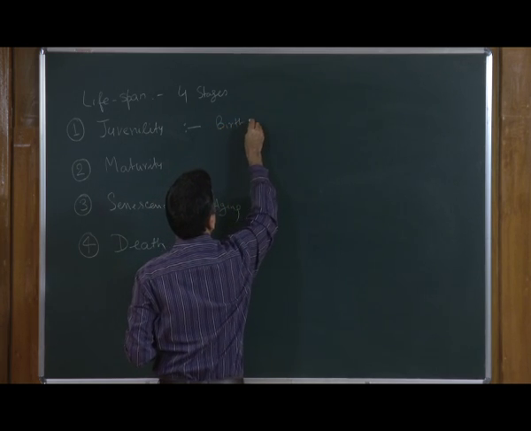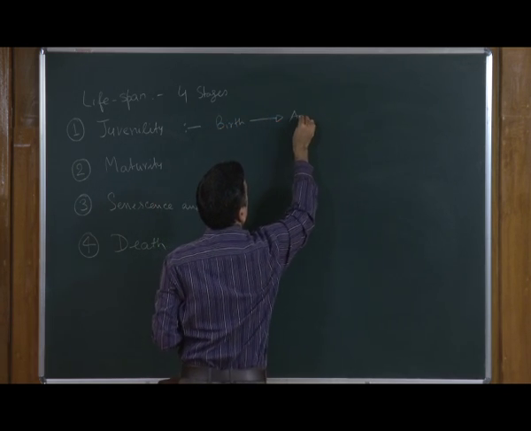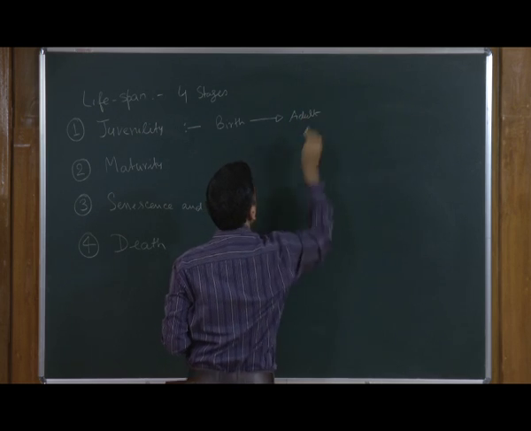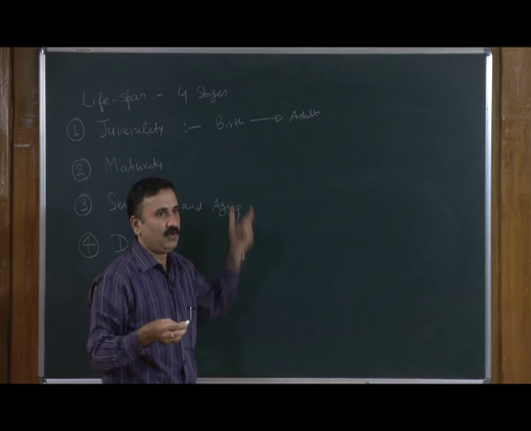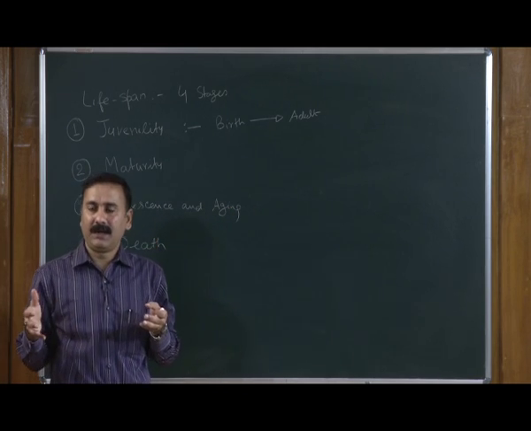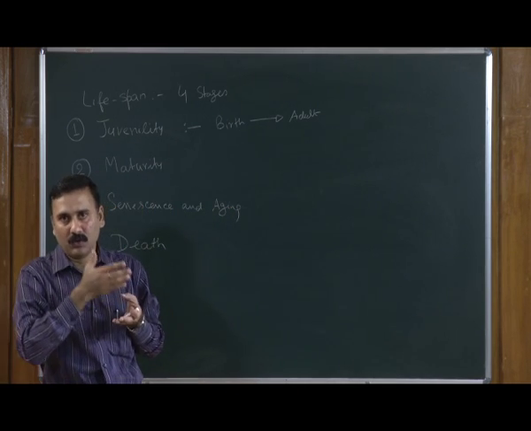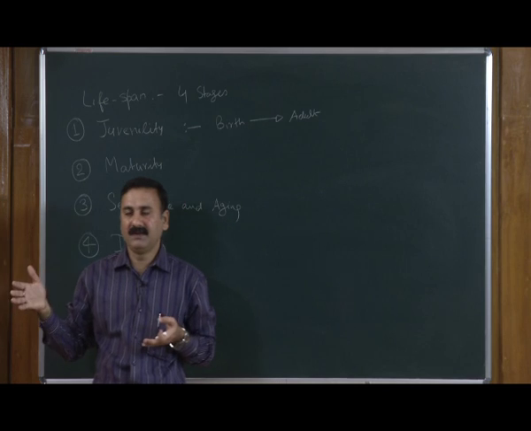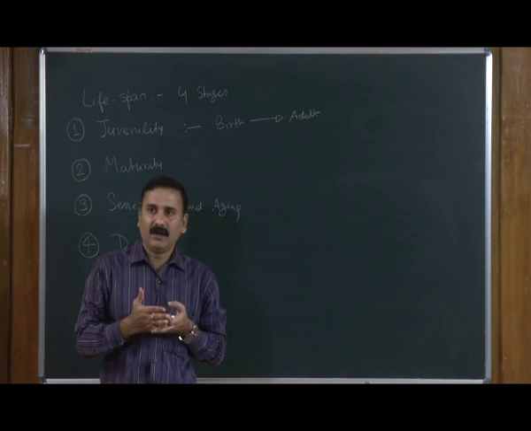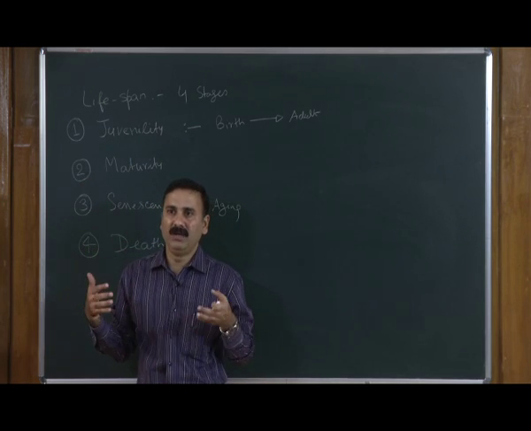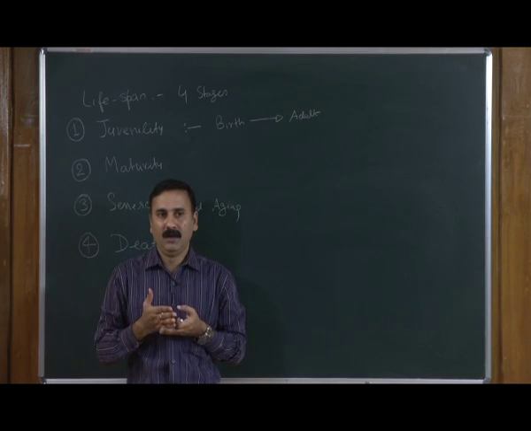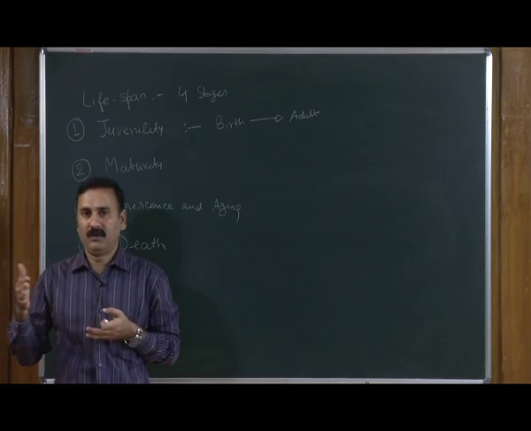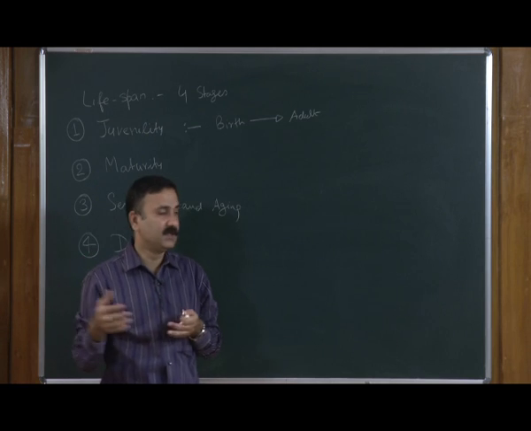So, from birth to the adult stage is the juvenility phase. During juvenility, the organism goes through different developmental phases and then becomes a fully grown adult, which can do different other kinds of functions.